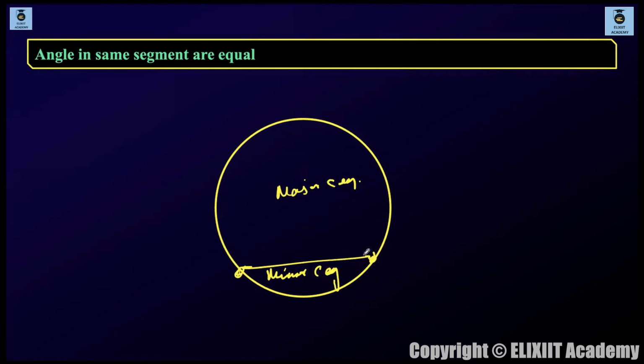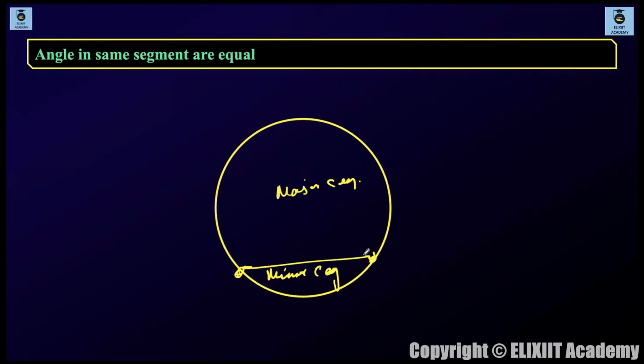The area of the sector is given by, if you take the full circle, we would have taken pi r square, but we are taking only a portion. So we would have done theta by 2 pi, because we are taking in radian measures, into the complete circle's area, which is pi r square.